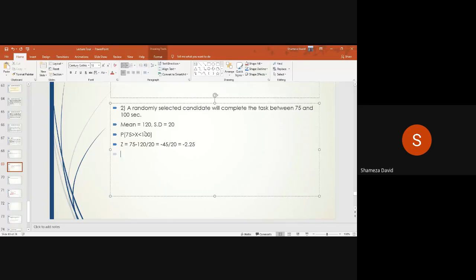And then the 100, we already found the 100, but just for completeness, we do it again. So it's 100 minus 120 divided by 20. And that will give us a negative 20 divided by 20, which gives us a negative 1.00. And so we're looking for the probability now that Z lies between negative 2.25 and negative 1.00.